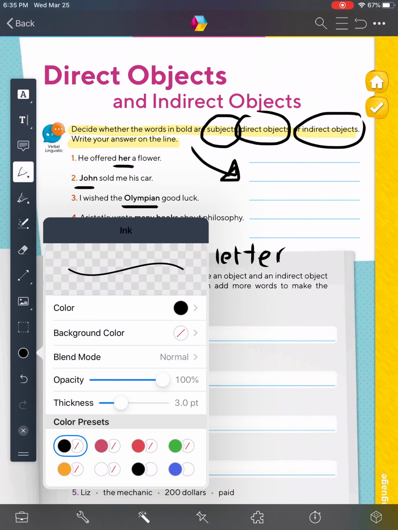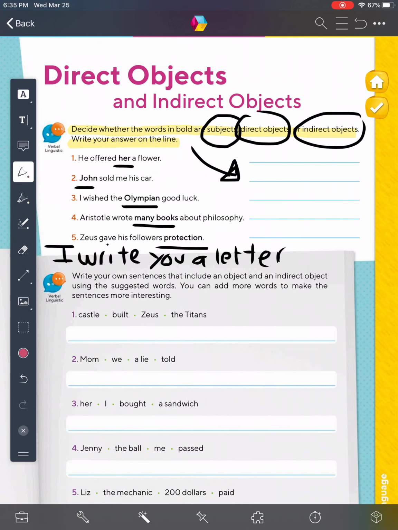If I select the word I, I should be writing on my line subject, right? Because I represents the subject. But what if instead of I, I decide to select write? Well, I would have to write here verb, because write corresponds to the category verb.